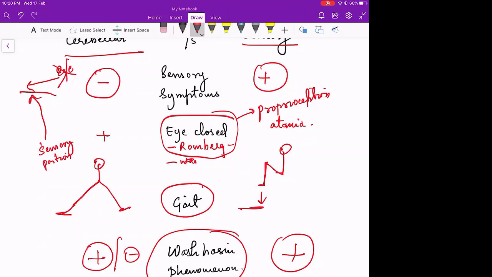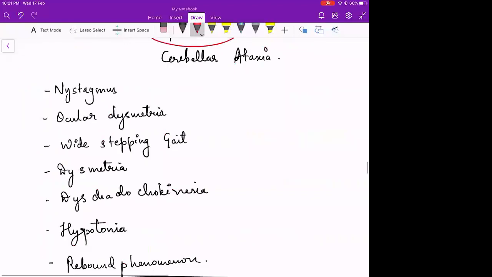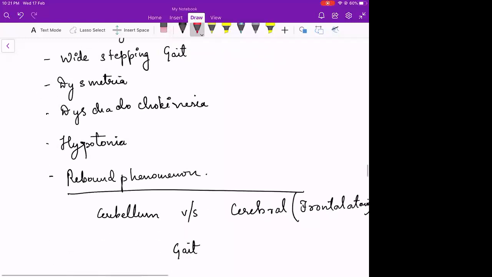So the patient will have a high stepping gait in sensory ataxia, whereas the patient will have a broad based gait in cerebellar ataxia. These are the symptoms of cerebellar ataxia which we discussed earlier.